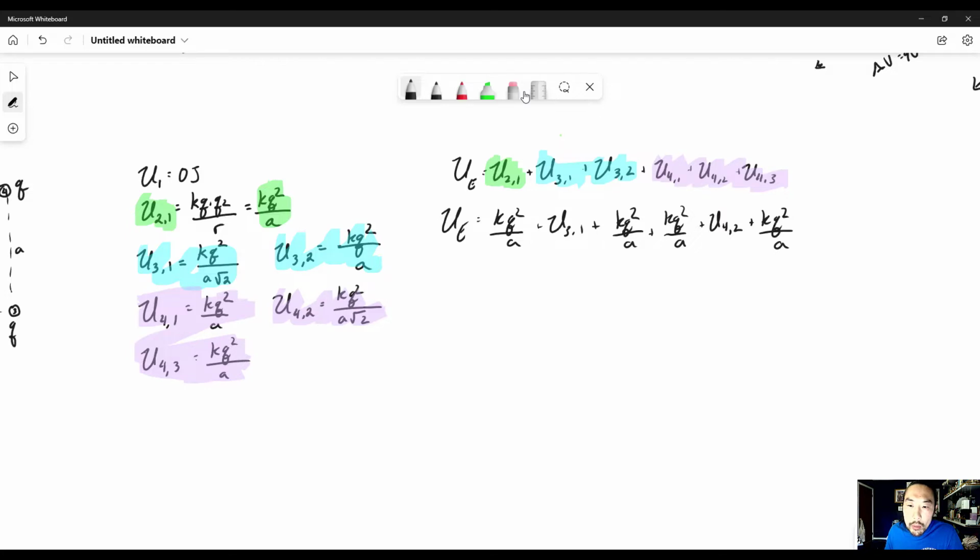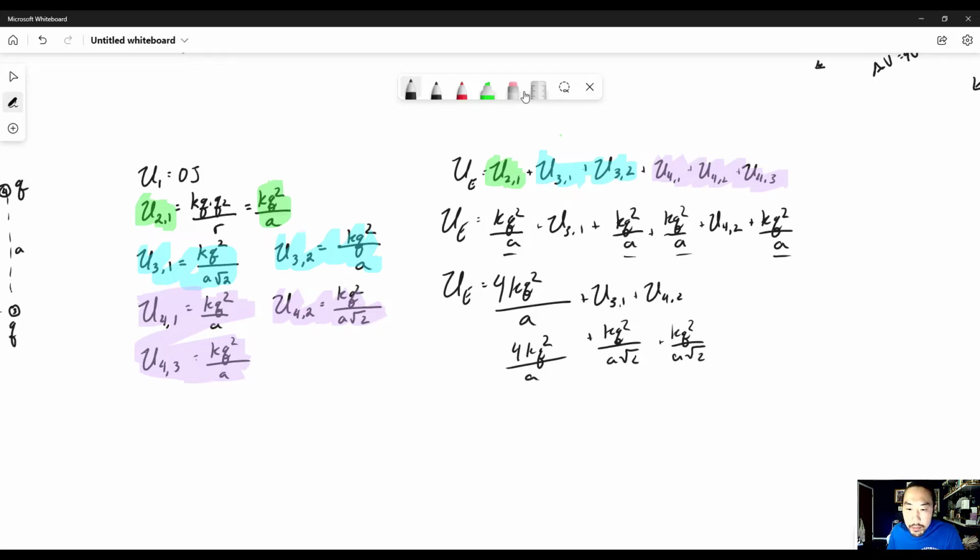Right, and the reason why I wanted to do this is so that I can just add up all the like terms. And so we get UE is equal to, there's 1, 2, 3, 4 of these, so 4KQ squared over A plus U31 plus U42. Each one of these is KQ squared over A root 2.